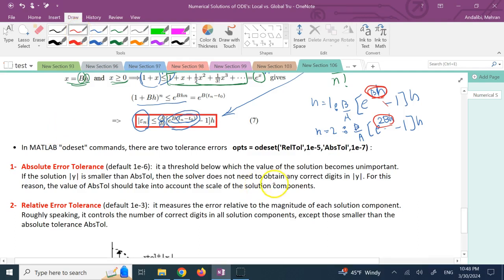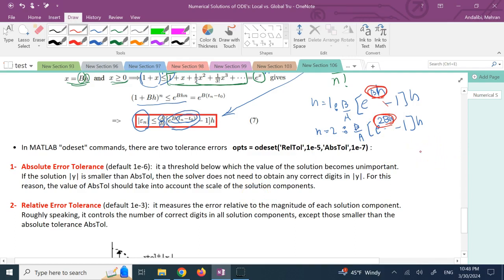Okay, so now that we know there is error and this error is going to go bigger and bigger, what can we provide to an ODE solver like ode45 or anything like that we use in MATLAB, so we keep our errors below some threshold? We don't want our error to grow big with this exponential form, and after so much time our error is so much that our numerical solution is literally useless.